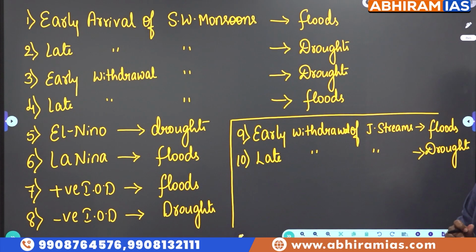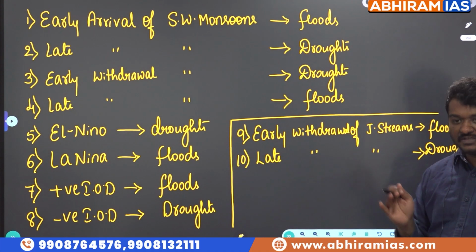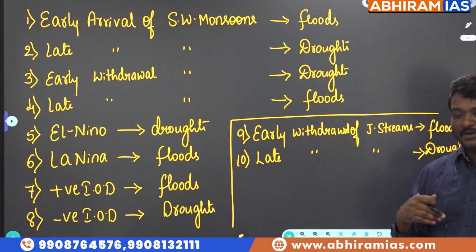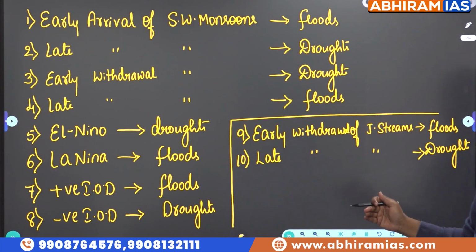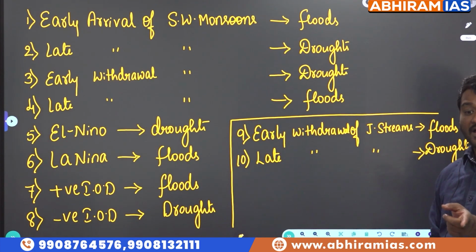Always is wrong. El Nino normally leads to droughts, correct. El Nino normally leads to floods is wrong, because whatever I am giving you is for IMD's analysis. What IMD considers is important. See ma'am, they are called exceptions.